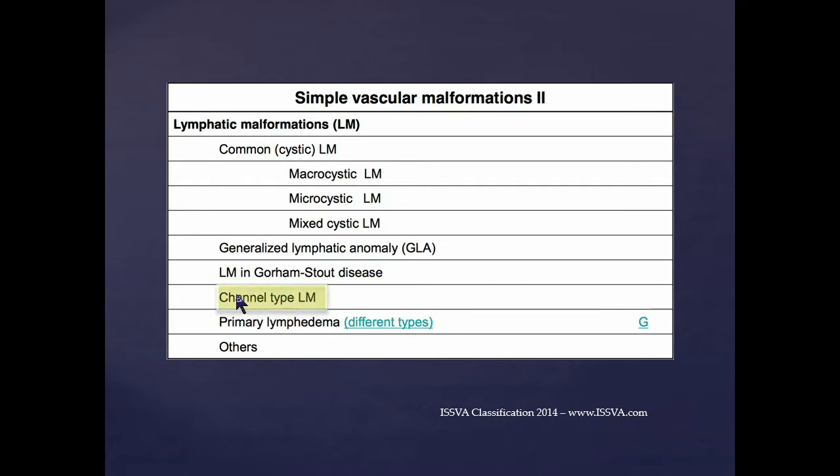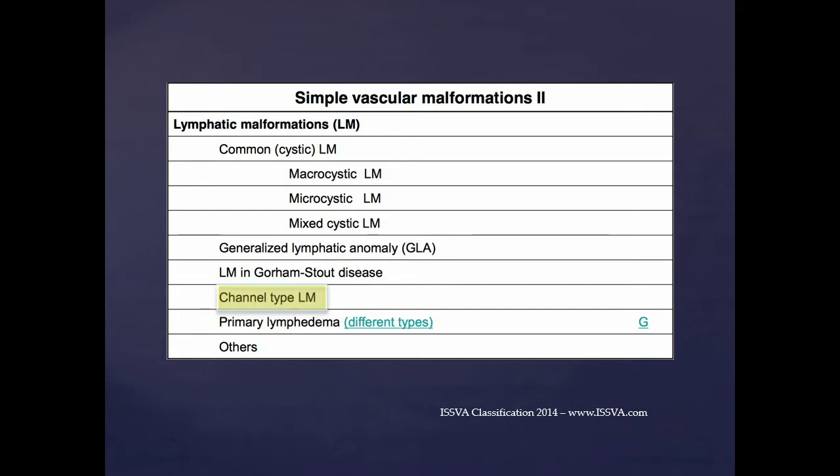Moving on, earlier we heard a presentation about the channel type of lymphatic malformation. One of the earlier categorizations of vascular anomalies talked about truncular and extratruncular. I don't think truncular is even in the dictionary, but you sort of know what it means.